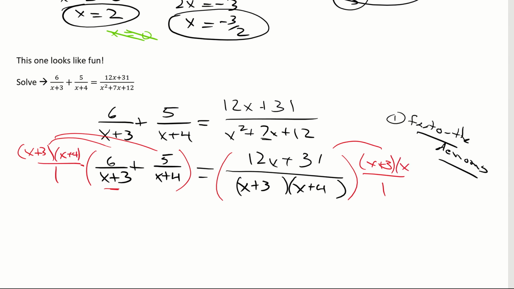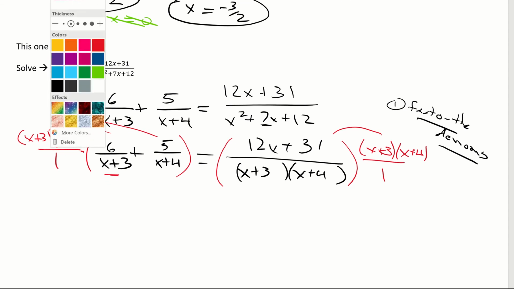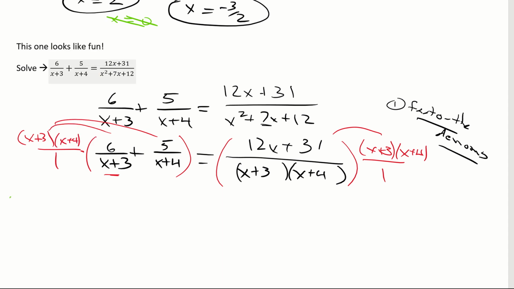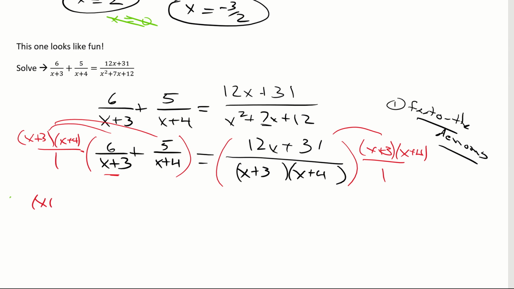So once you see the factors laid out, all you have to do is write yourself out the LCD. And the fun part is now going to happen, because we're going to turn this into a manageable problem. Oh yeah, I forgot. I've got to write it for you guys. x plus 3 and x plus 4 here and here, and one more here.